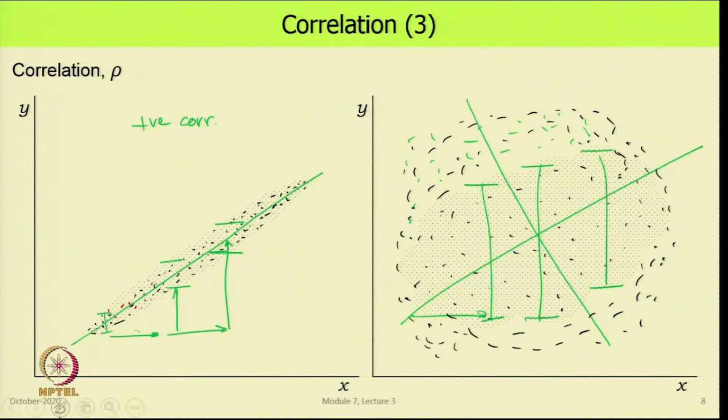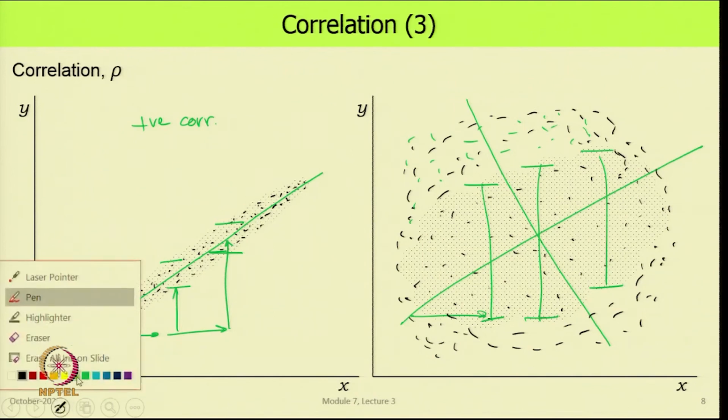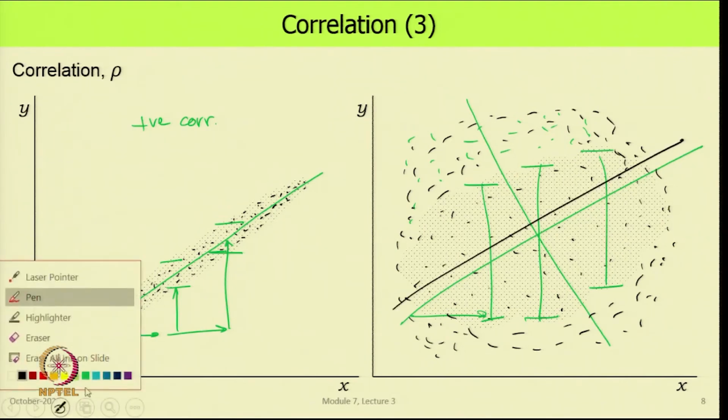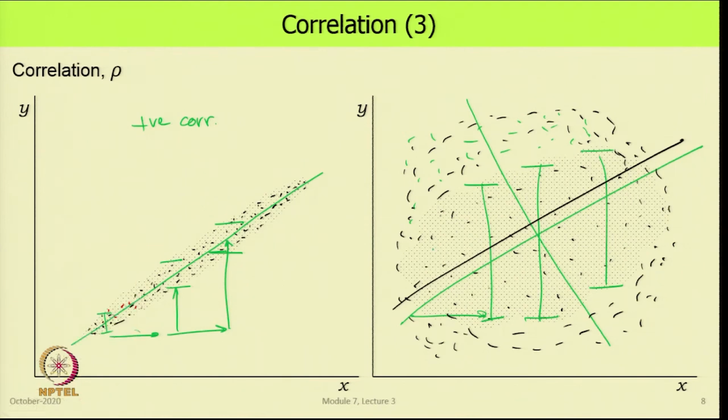And then if someone says, I have got this data, but I want to do a linear regression on this, then we can see here that this line could be as justified as this line, as this line, or even this line.